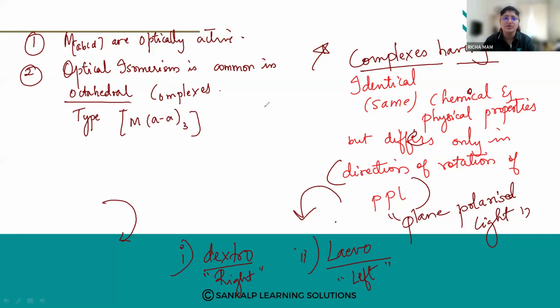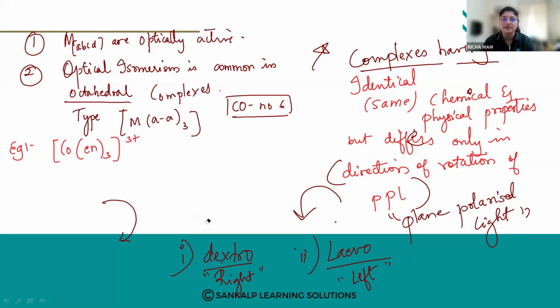This is an octahedral complex, coordination number 6, with three bidentate ligands, so 1, 2, 3, 4, 5, 6, attached to the central metal atom at six corners. So whenever you have M(AA)3, we have a bidentate ligand. Let us take an example: cobalt triethylenediamine.